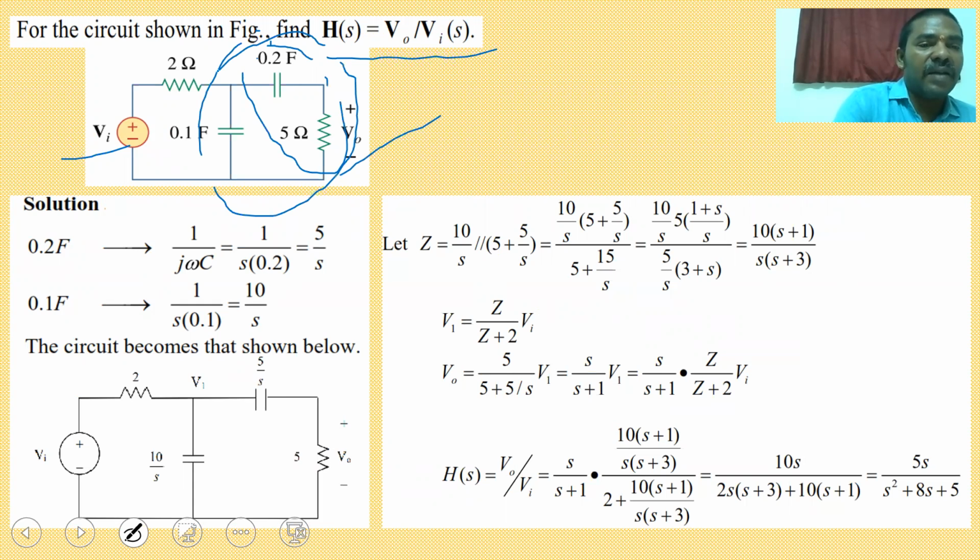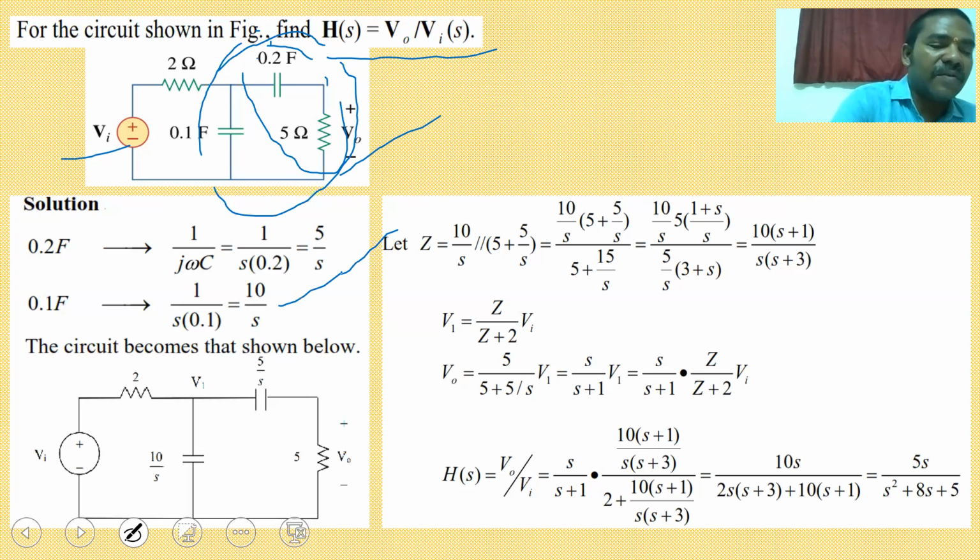The capacitance values I am writing in the S domain: 1 by j omega C, where j omega is s, into the C value 0.1. You can get 5 by s. Similarly for 0.1 farad we are getting 10 by s.